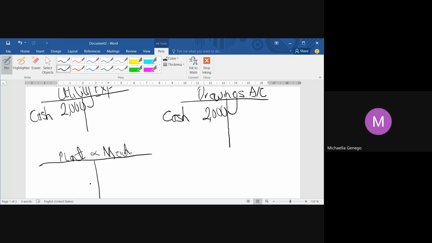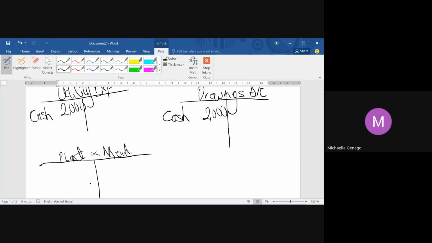Listen, if it ends at 20,000, that means we would have plant and IPMC accounts. Or if it tells us cash or bank, then we have bank and plant and machinery. But now it's going ahead to tell us that we paid 15,000 with check.